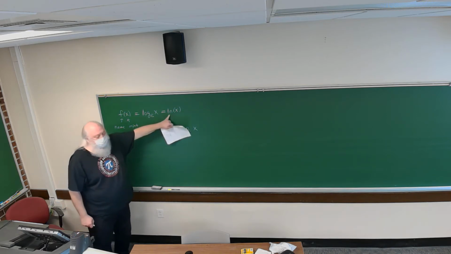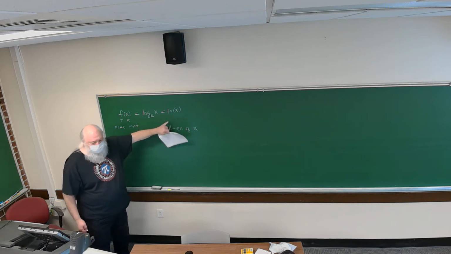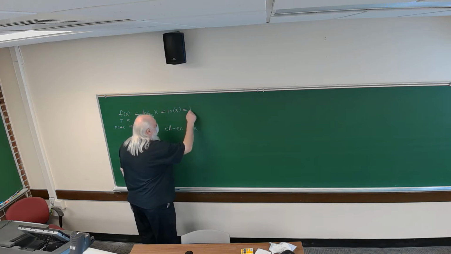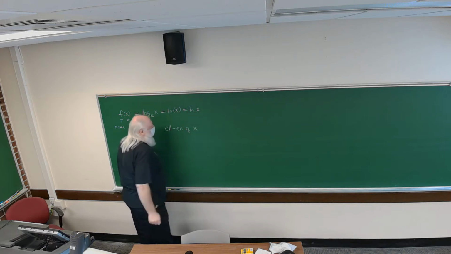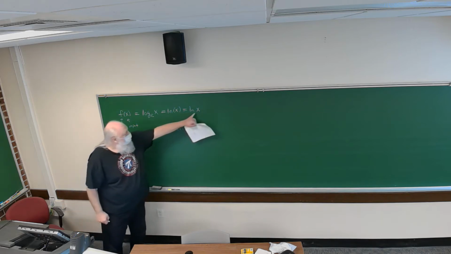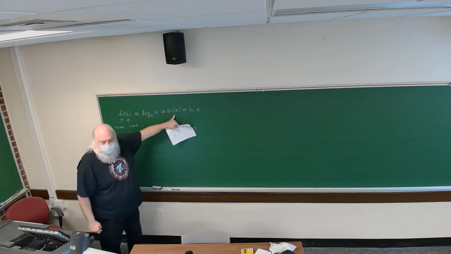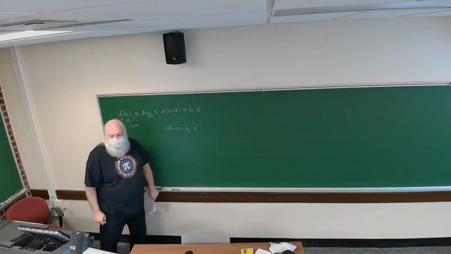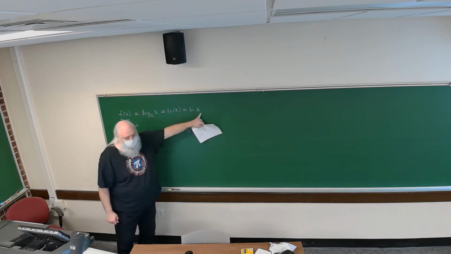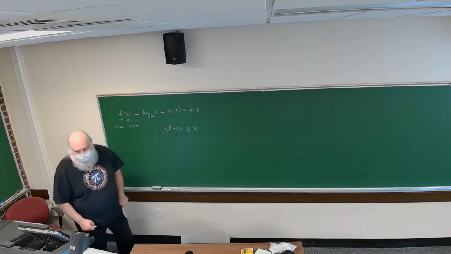But in mathematics, for functions that have their own special name, we often drop the parentheses when we're using them. And so in this case, we just write ln of x. So this really means this. This is not multiplication. Students sometimes think this is ln times x. That's not the case.